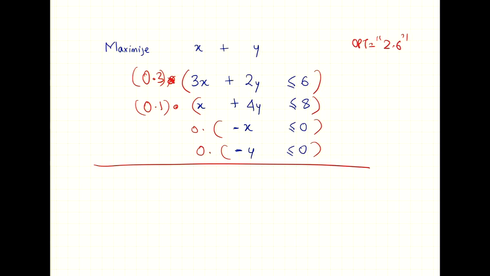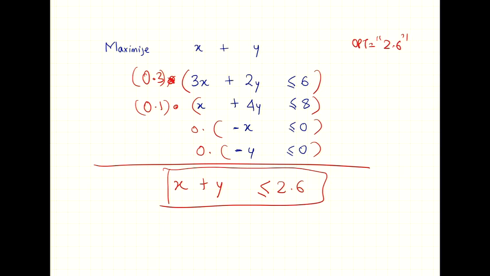I'm saying take the first constraint multiplied by 0.3, take the second constraint multiplied by 0.1, and add them. What do you get? You'll get x plus y is smaller than 2.6. So that's a proof that the optimal solution for this can never be more than 2.6.